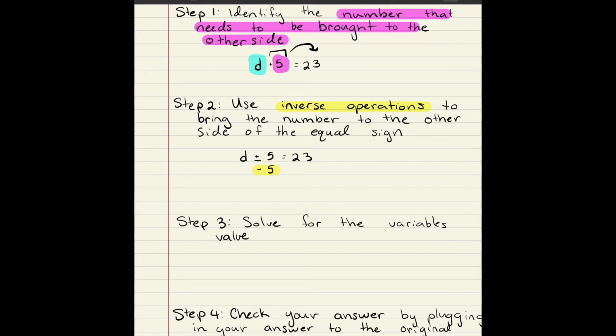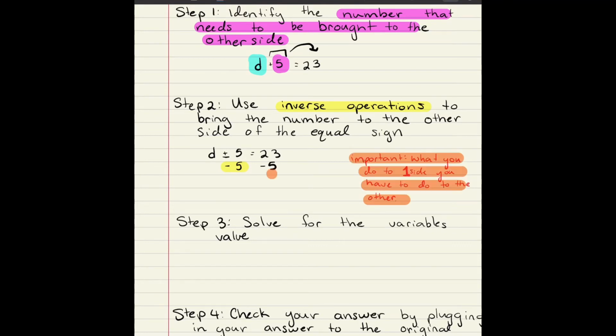And what I do to one side, I have to do to the other side. So our important note is what you do to one side, you have to do to the other. I am using inverse operations to bring 5 over. I'm subtracting 5 from this side, so I have to subtract 5 from this side.